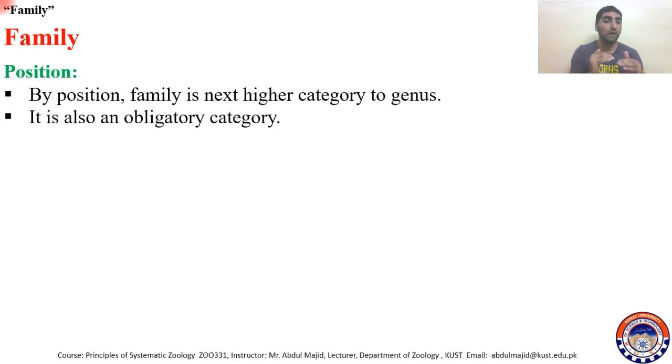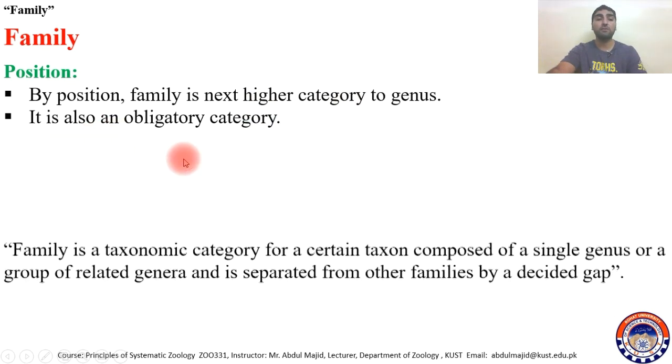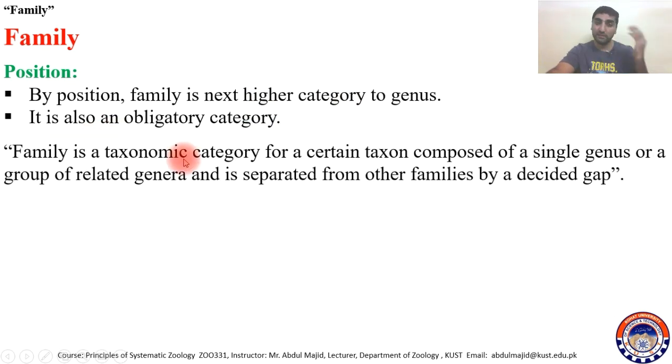At the foundation there is a species, then there is genus, and then there is family. It is also an obligatory category, it's important, and it is a properly accepted category.